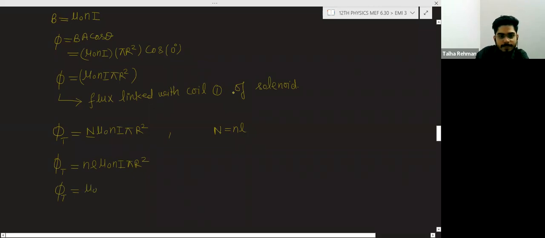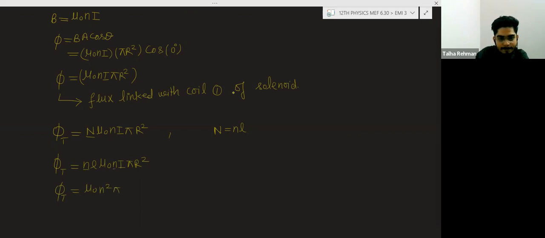Mu 0 n square, one n and another n, so n square, pi r square L into I. And we have one more equation: total flux is equal to self inductance into current. Suppose this is equation number 1 and this is equation number 2.